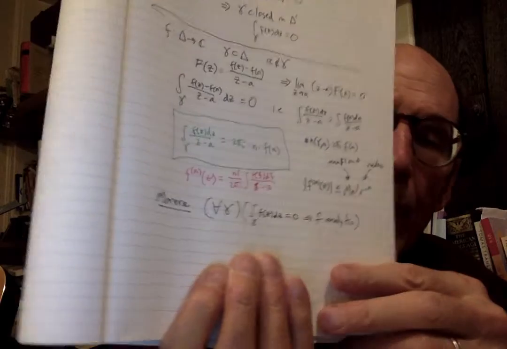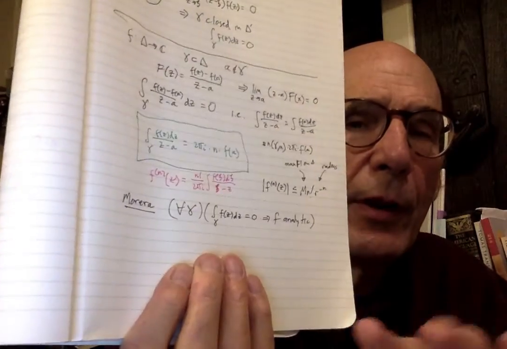For any gamma, if the integral over gamma of f of z dz, some people would like to write that as a contour integral, is 0 for every gamma that's contained in this region omega, that means that f is analytic in omega. And that's just a simple application of that Cauchy estimate that's right above it.